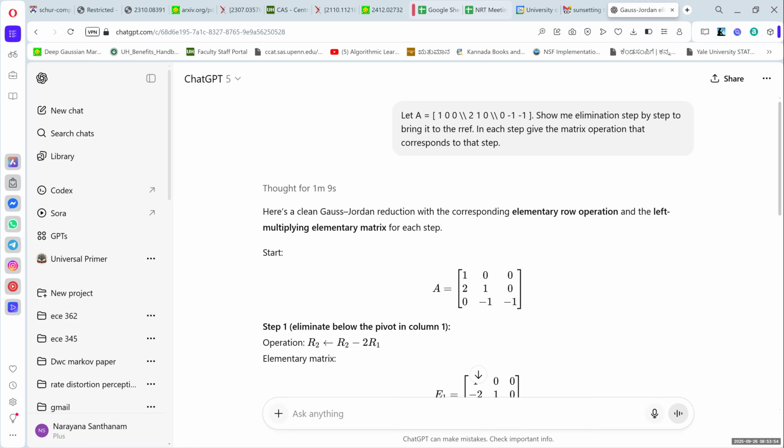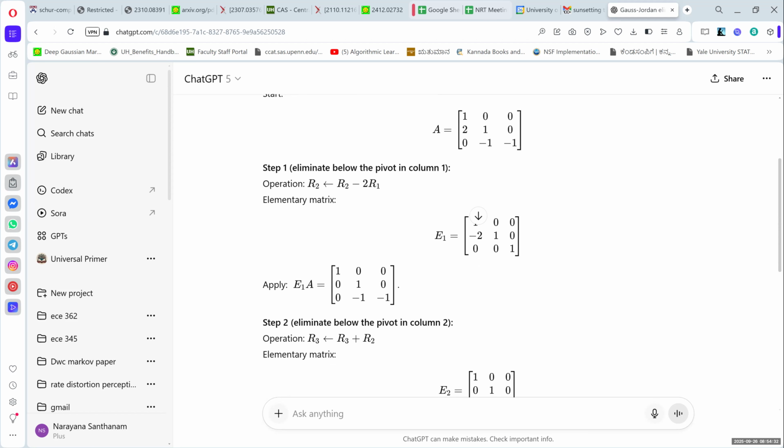Now where is your second pivot? There are no more entries below the first pivot that are non-zero, so move to the next column, next row, and your second pivot is this. You need to zero out entries below it. What operation would you do?